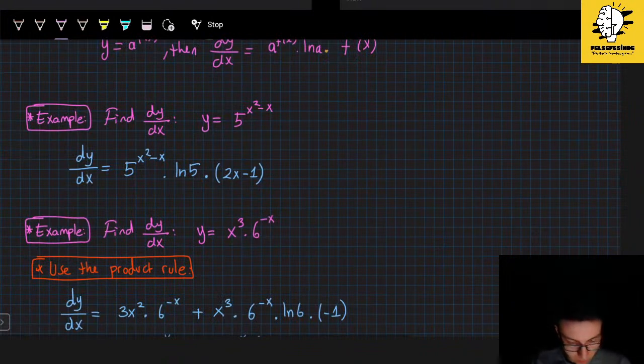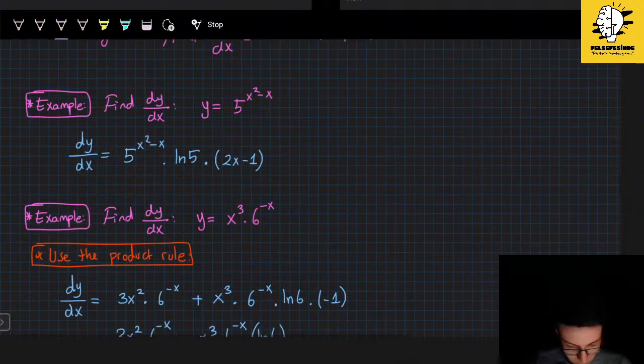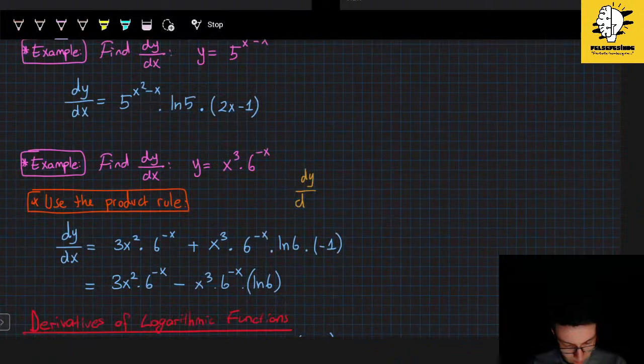Okay, so let's take the differentiation with respect to the variable x. And let's take the derivative of x to the power of 3, x cubed. Its differentiation is 3 times x squared, and we don't touch the 6 to the power of minus x. But then plus, we don't touch x cubed, okay?